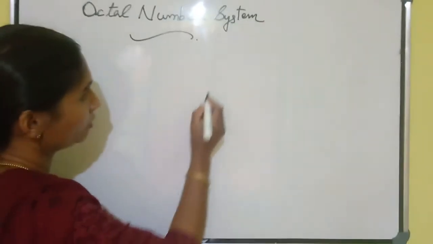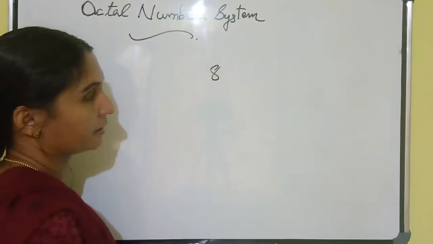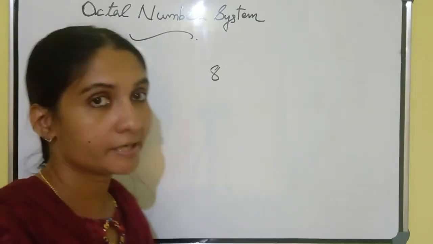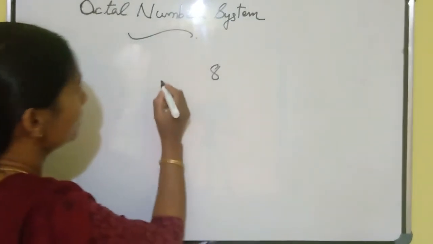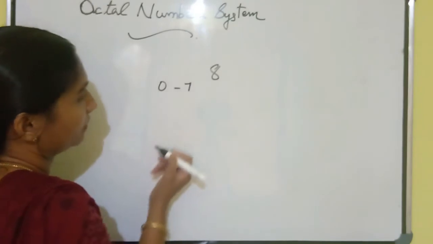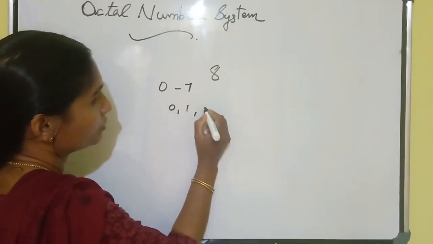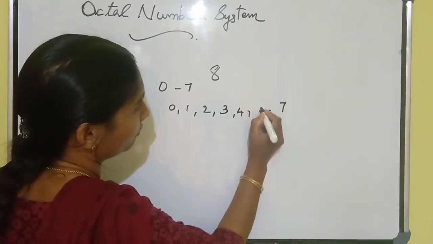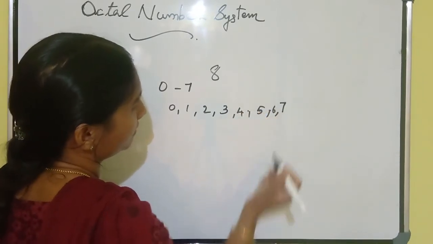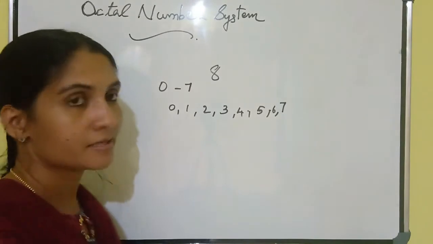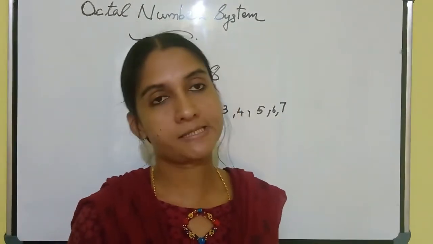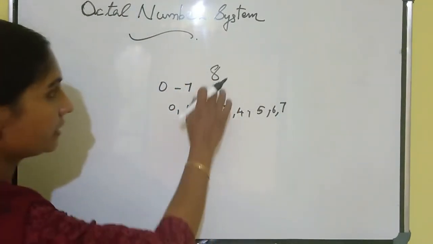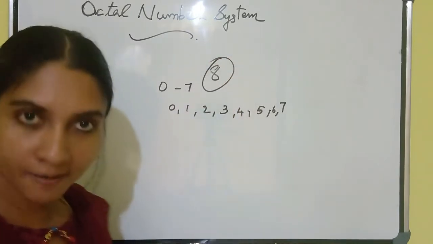The base of an octal number system is 8. That means we have 8 digits here. What are they? 0 to 7. That means 0, 1, 2, 3, 4, 5, 6, 7. These are the digits represented in octal number system. And 8 is the base of this number system.